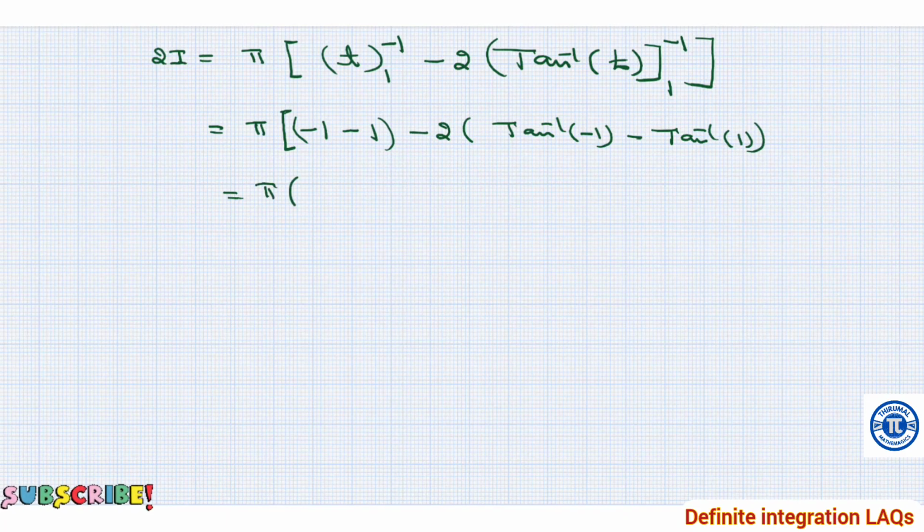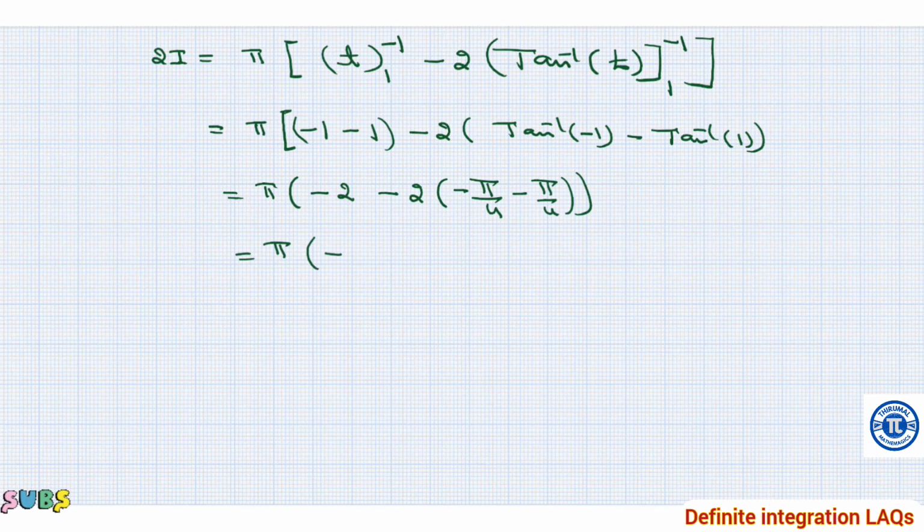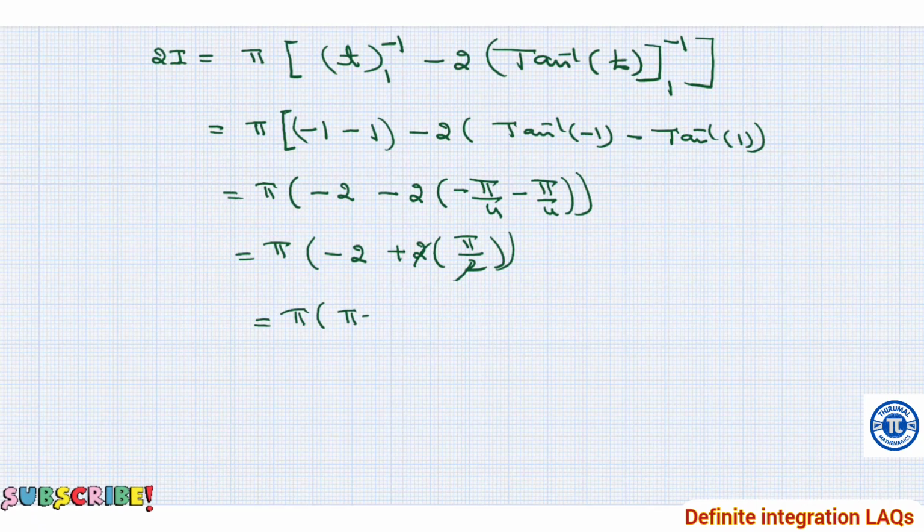So it is equal to pi into minus 1 minus 2 of minus pi by 4 minus pi by 4, which is equal to pi into minus 2 plus 2 of pi by 4 plus pi by 4, which is pi by 2. Here the 2 cancels, then we get pi into pi minus 2, which is 2I.